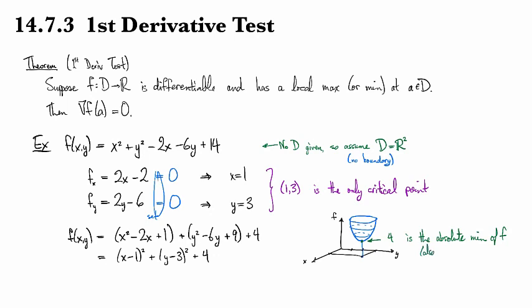It is also a local min. We also can see that there is no maximum value of f. The value of f just keeps on increasing as you go further away from this point. The value of the function just increases off toward infinity. So there's no max.